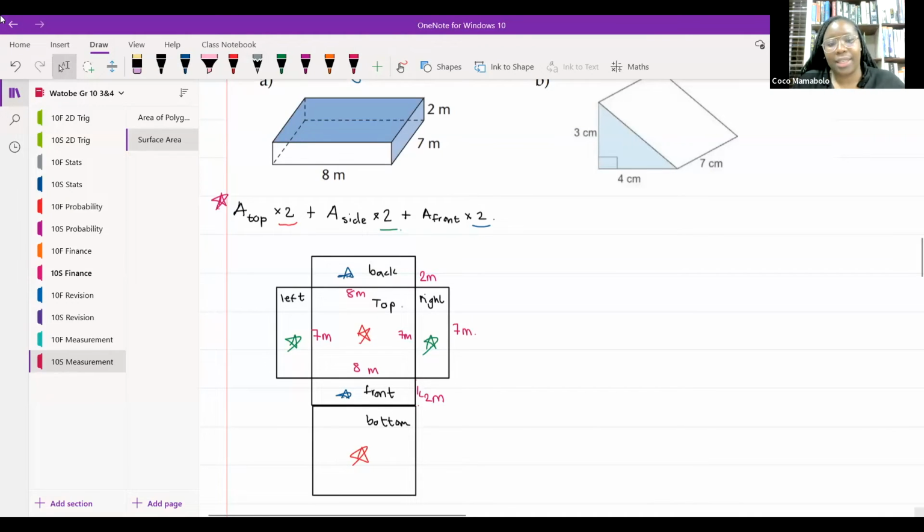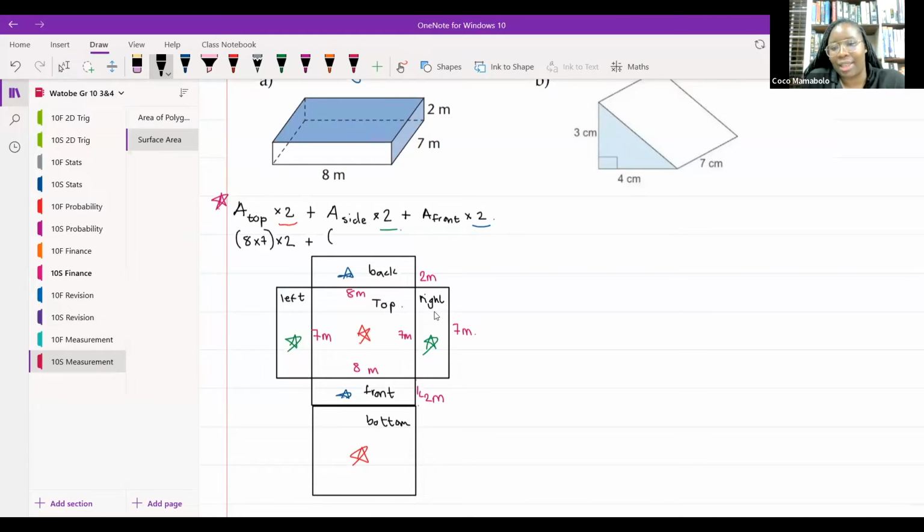Okay, let's go through this together, guys. Anna was 100% correct. She's got the answer we're looking for, so let's see how Anna got to this answer. I'm first going to calculate the area of the top. Because it's a rectangle, I'm going to have length times breadth, which is 8 times 7, times 2, plus the area of my side.